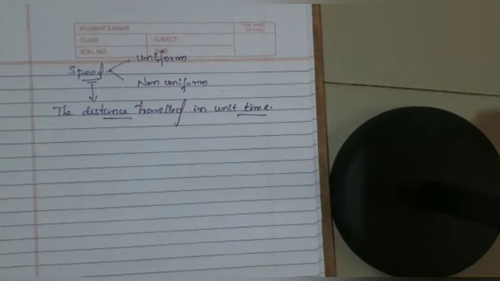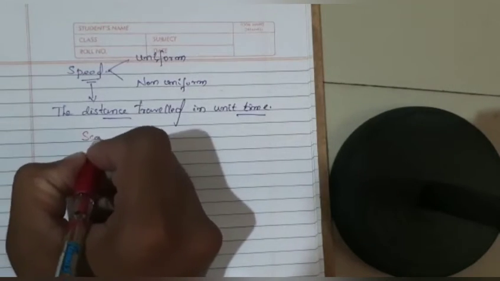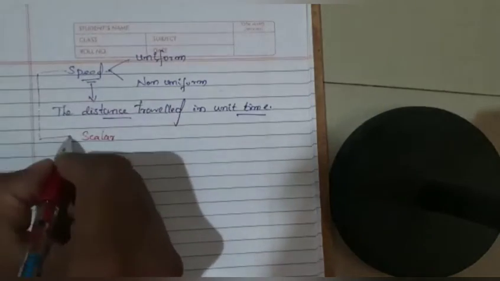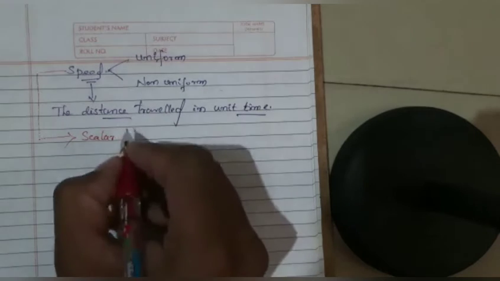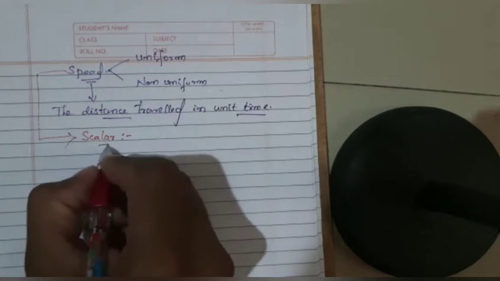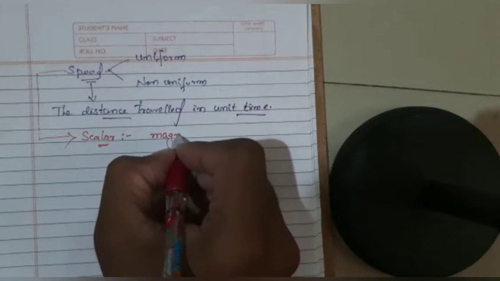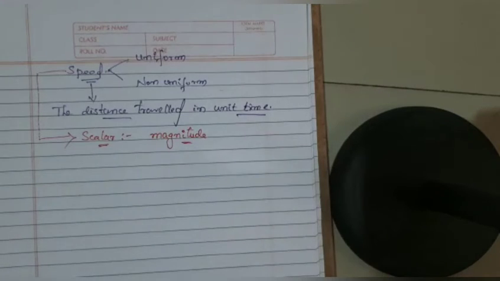And we have also seen that speed is a scalar quantity. What do we mean by a scalar quantity? The physical quantities which depend only upon the magnitude and do not depend upon the direction. So this is the speed concept.